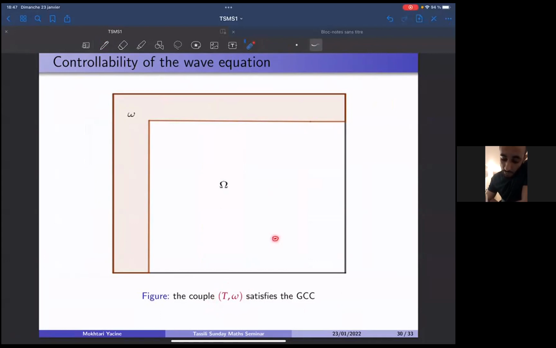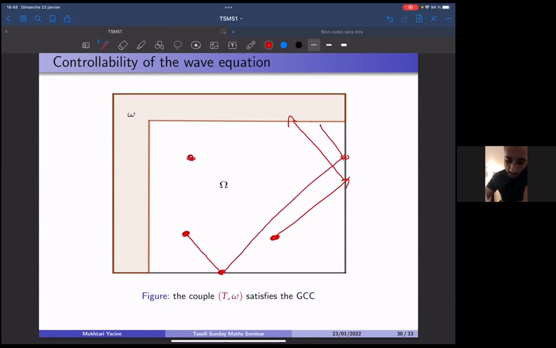That means that if we take any point and send a ray, called a bicharacteristic in this setting, then after some reflections, according to the geometric optics laws, it must touch the control region at finite time T. For instance, if I take this point and send a ray, it will be reflected on the boundary and it will touch. If I continue like that, we see that there is no other choice: all rays will touch the control region at finite time.